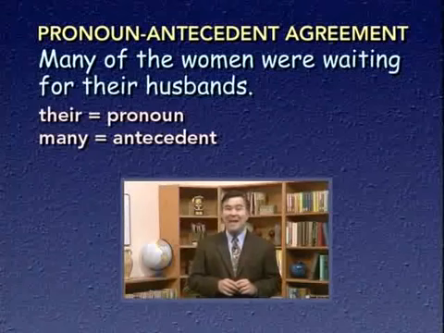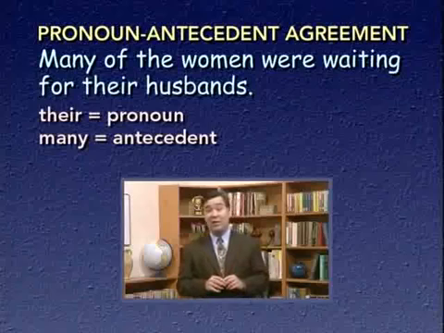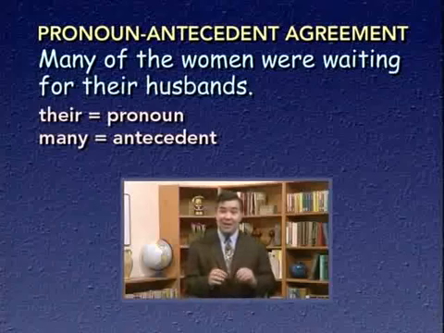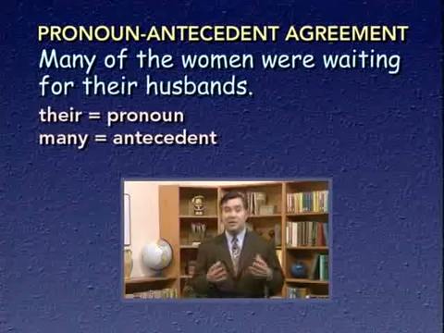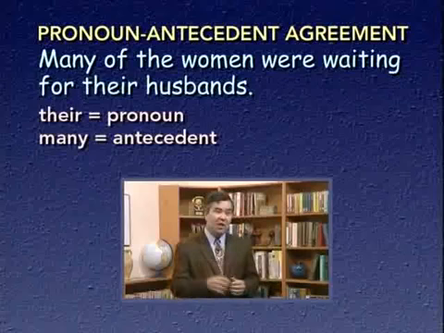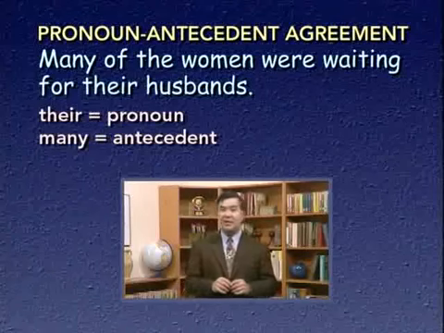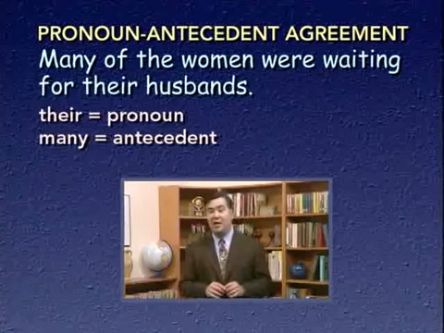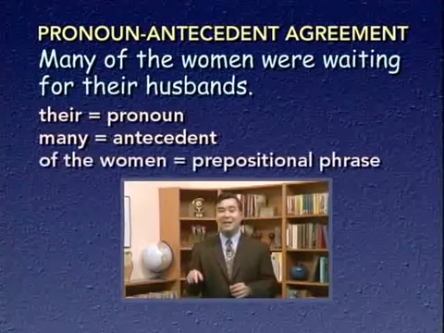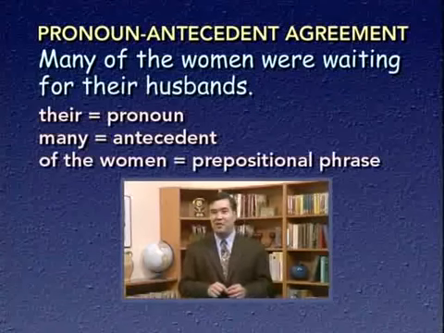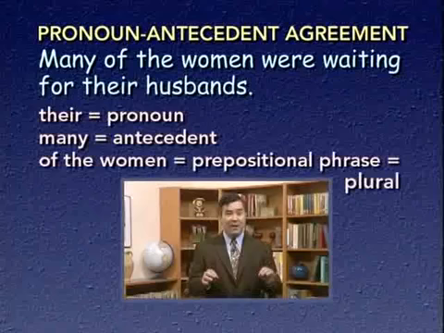Once again, many is one of our SANAM pronouns, those 5 pronouns which may be either singular or plural, depending on how they're used. And our tip is always to look at the prepositional phrase that follows the SANAM pronoun to help you determine whether it's singular or plural. In this case, many is followed by the prepositional phrase of the women, and the object of that prepositional phrase is plural, women.